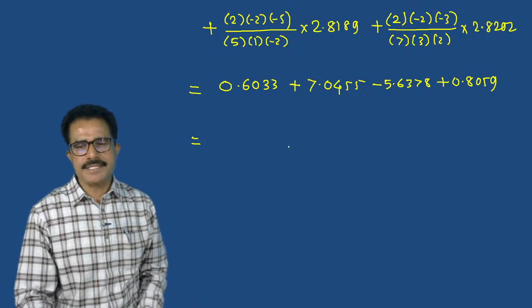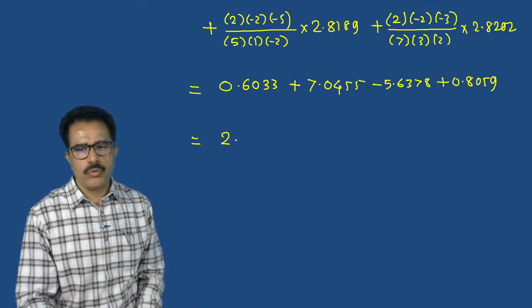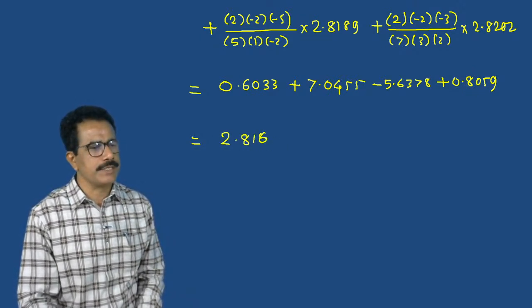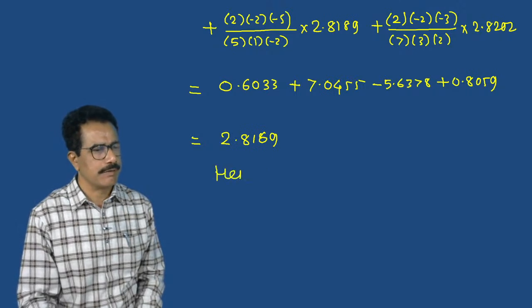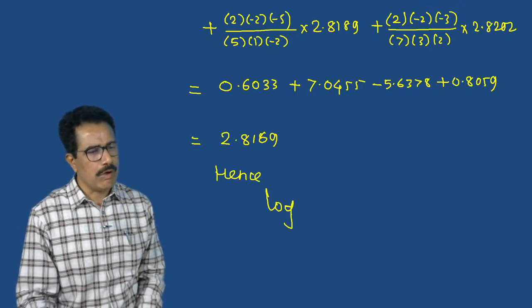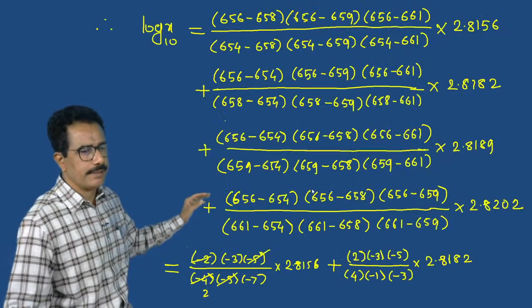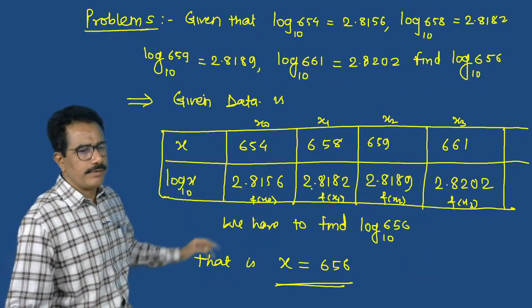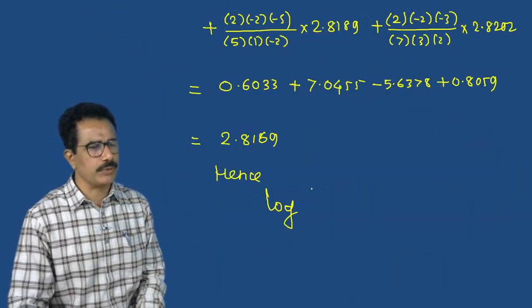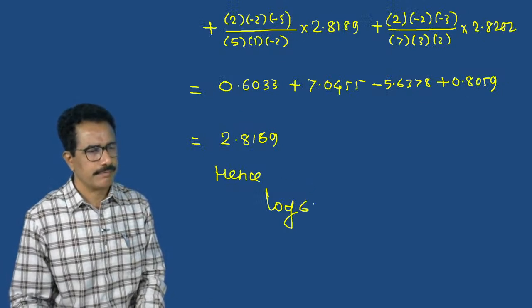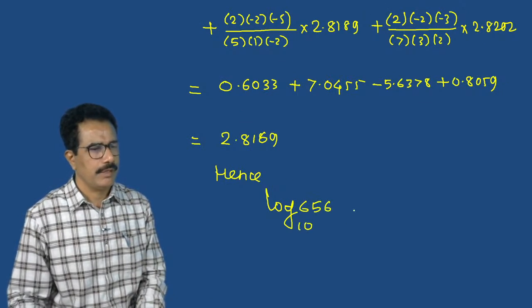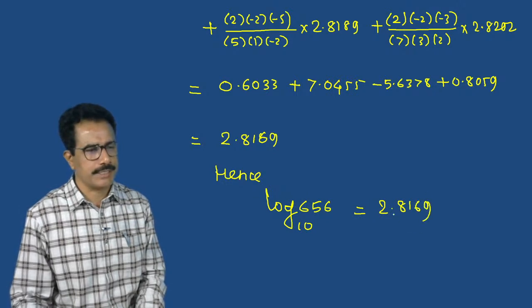The final answer will be 2.8169. Hence log of 656 to the base 10 is equal to 2.8169.